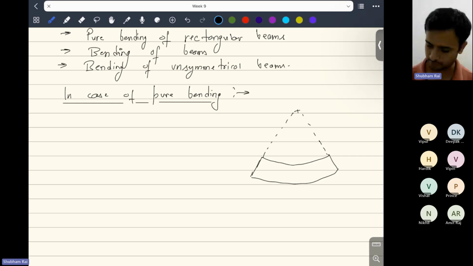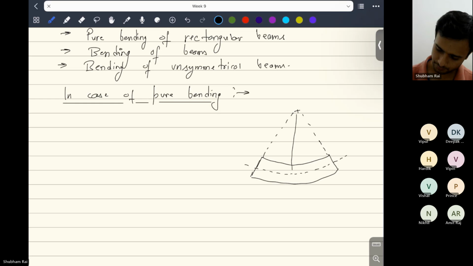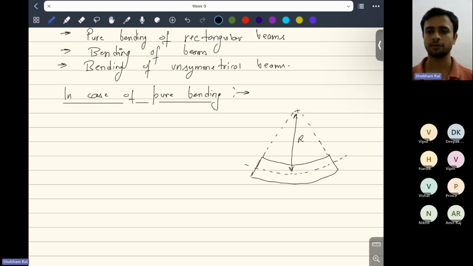Right? And this is the neutral axis. So this is the radius. This is pure bending, so it will be completely circular. Neutral axis will bend in a circular manner, and this will be the radius of that circle.